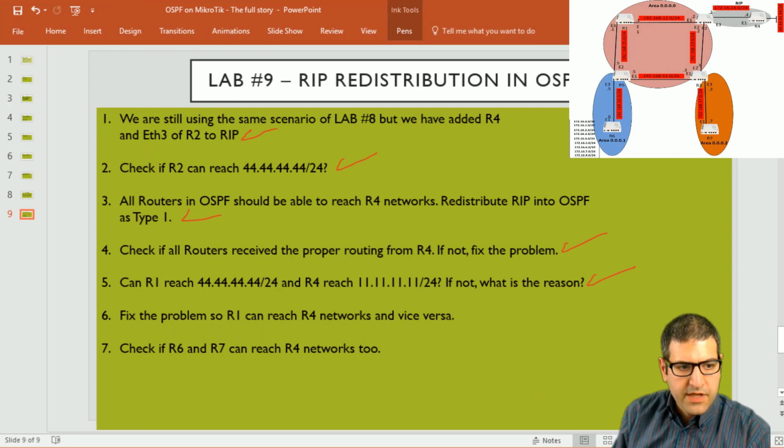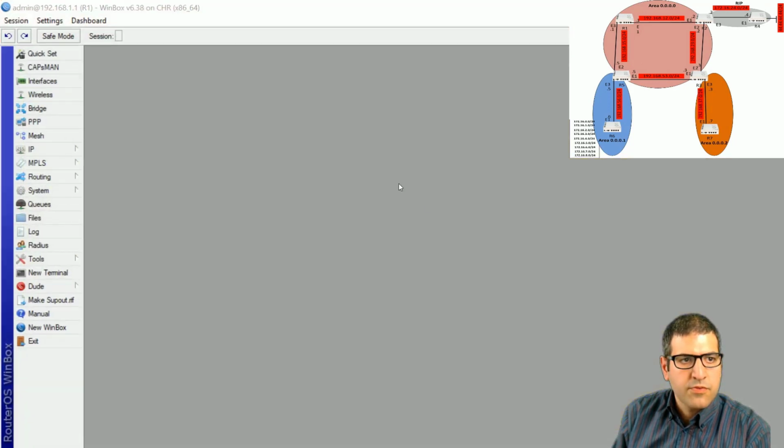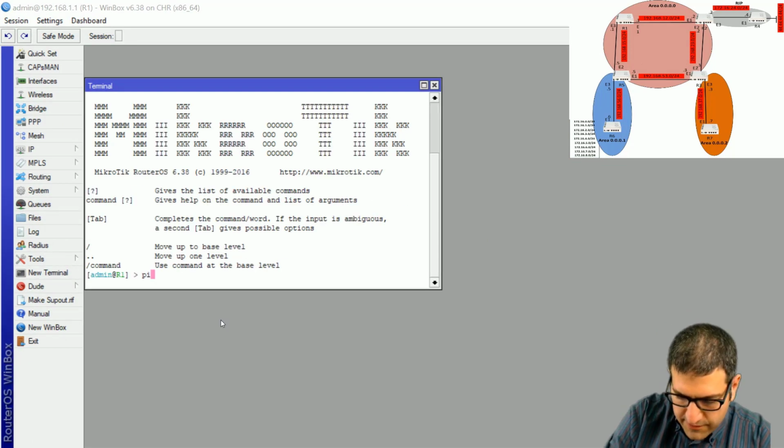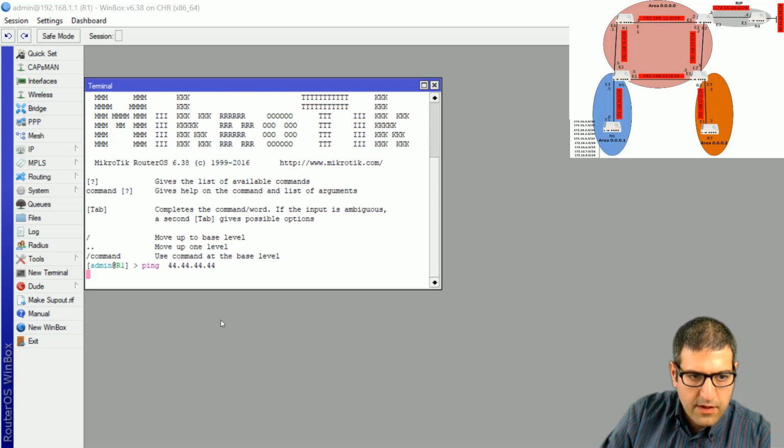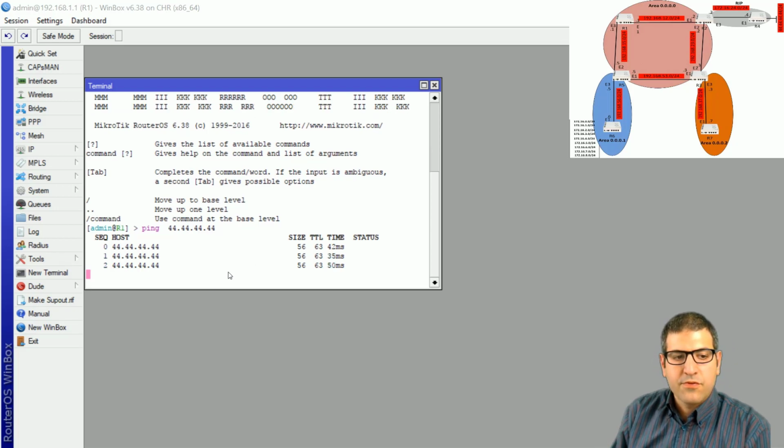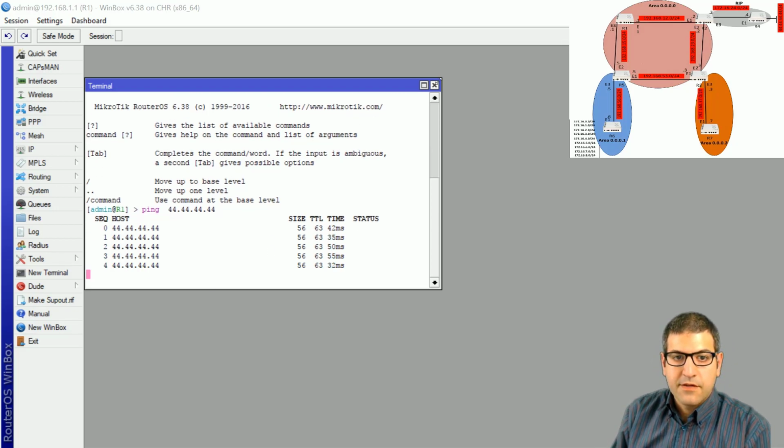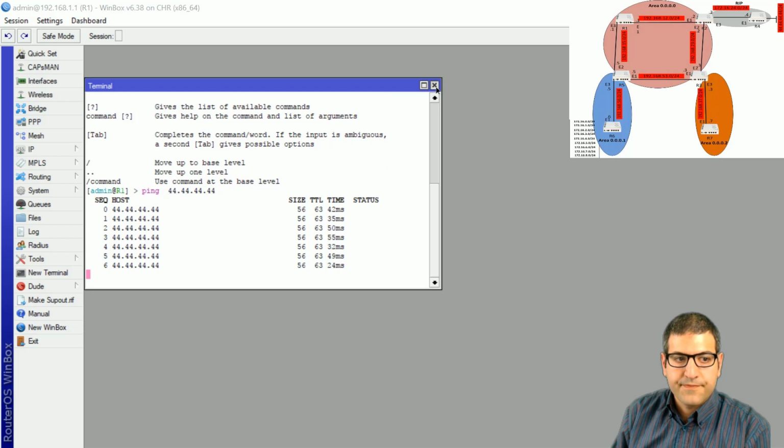We didn't finish yet, point number 6. I go to router 1, and I will try now to ping again 44.44.44.44. And as you can see now, I'm able to ping the bridge interface of router 4.